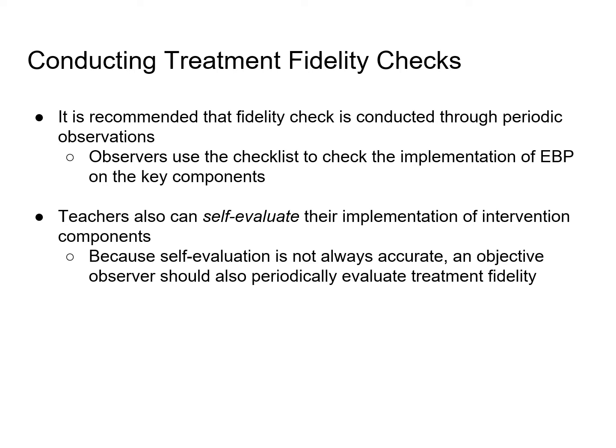So periodic integrity checks will assure an intervention is implemented as intended for as long as the intervention is in place. Teachers also can self-evaluate their integrity if another observer is not available. However, teachers need to try to be honest when self-evaluating, as self-reports of intervention implementation have not always proven to be accurate.